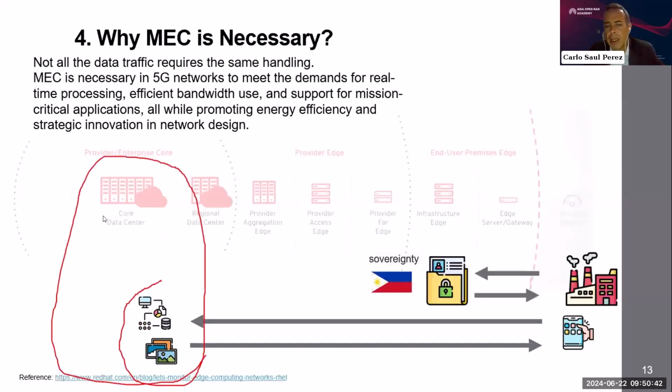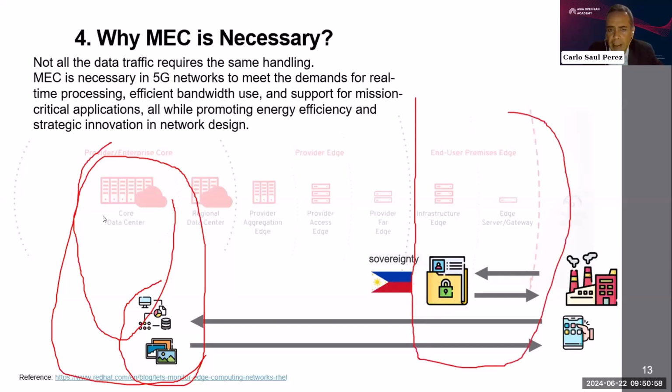But there are some particular issues. For example, when you have a company that has some private or confidential information, that information cannot be stored in a central core. So it is limited to this edge area.